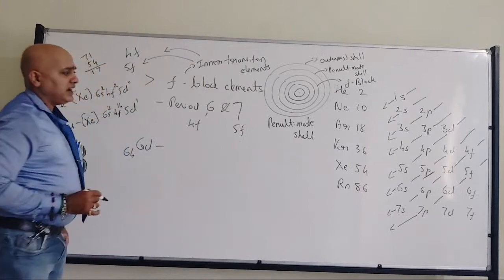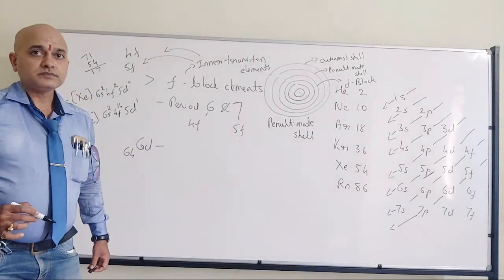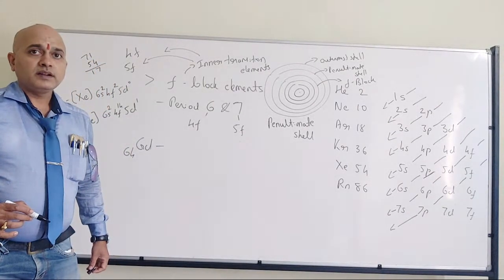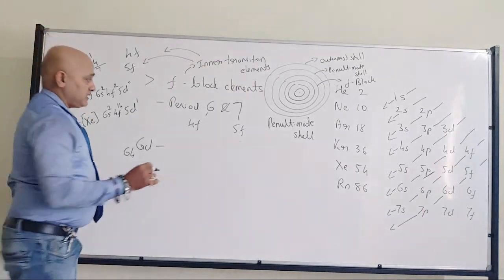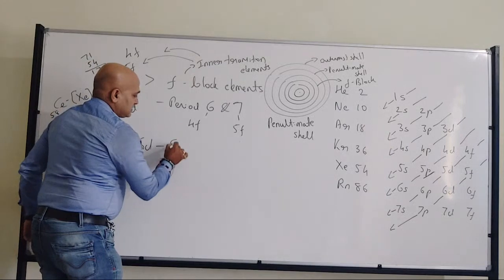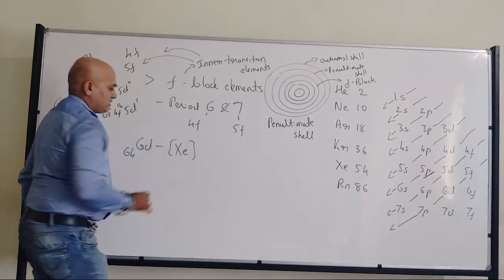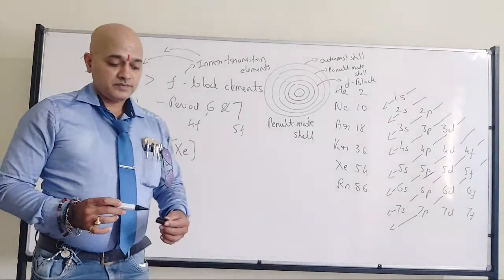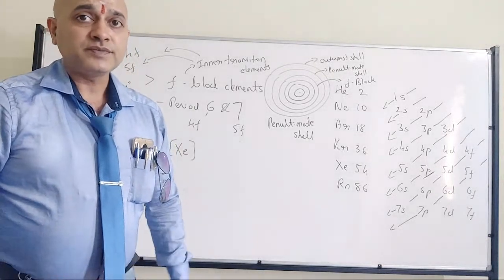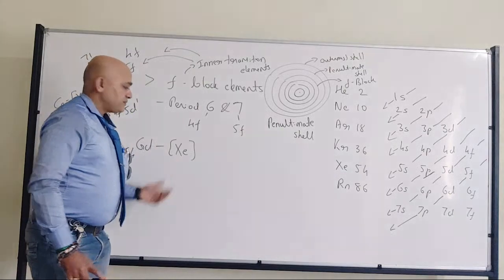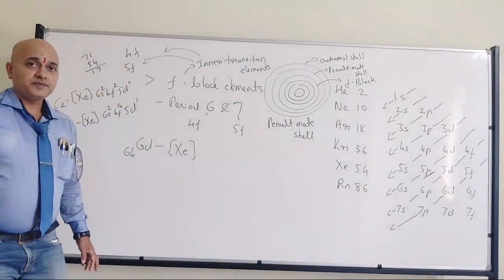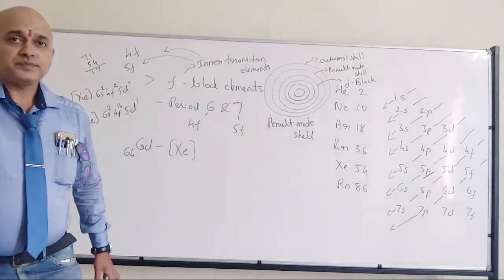Can any one of you write? This is a 4f block element only, an inner transition element, lanthanoid series. So we have to take xenon. Then, what is next? What should be the electronic configuration for Gd? Gadolinium.